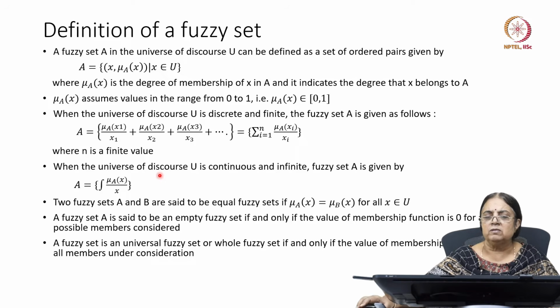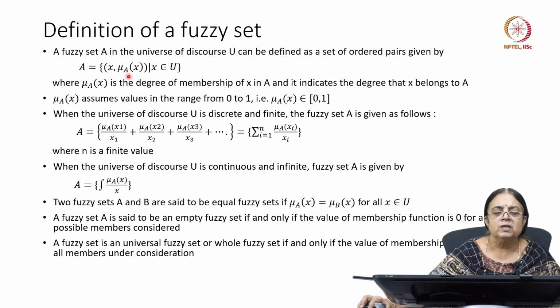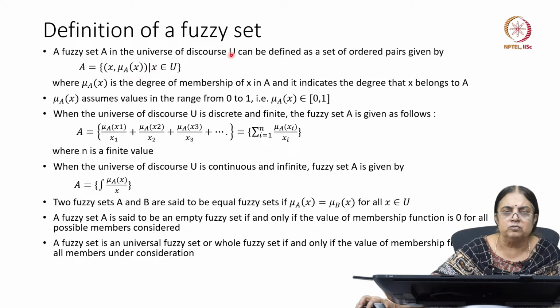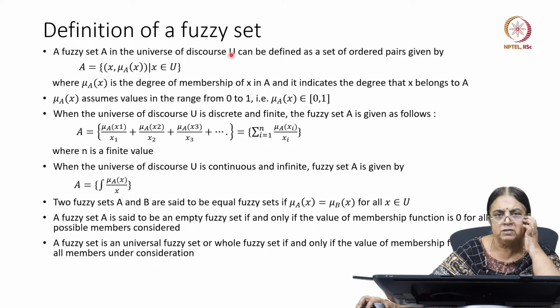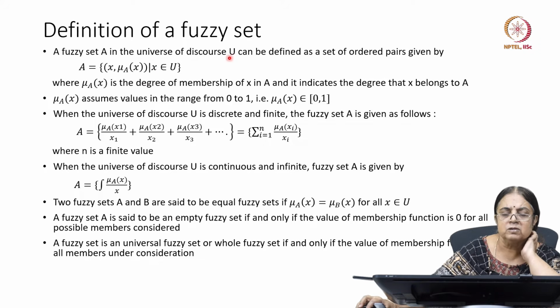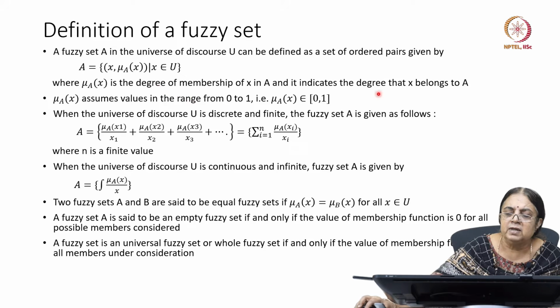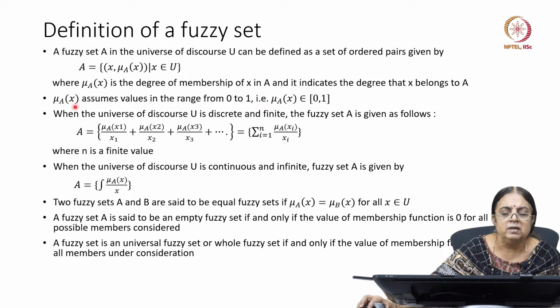So let us look at what a fuzzy set is. A fuzzy set A in the universe of discourse U is such that for values of x which belong to U, it is associated with a membership function mu A of x, which gives the degree to which x belongs to A. Mu A of x has a range from 0 to 1.